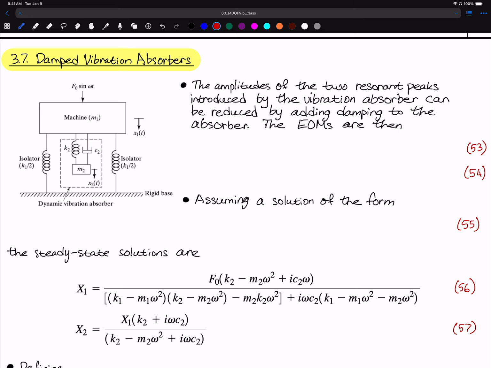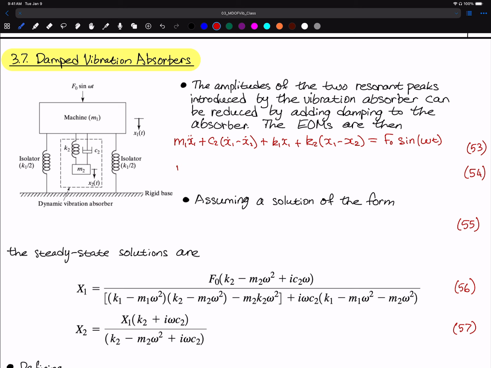damping to the absorber. So we have here m1 x1 double dot plus c2 times (x1 dot minus x2 dot) plus k1 x1 plus k2 times (x1 minus x2) equal to our force F0 sine omega t.